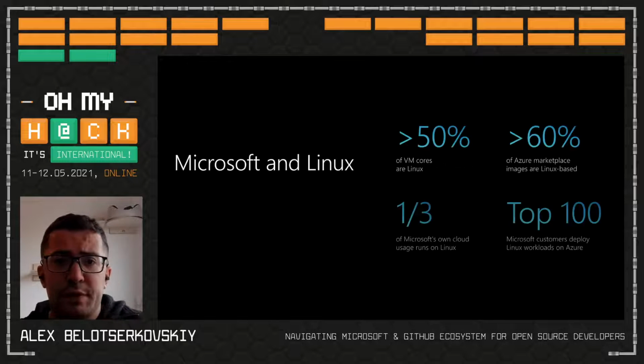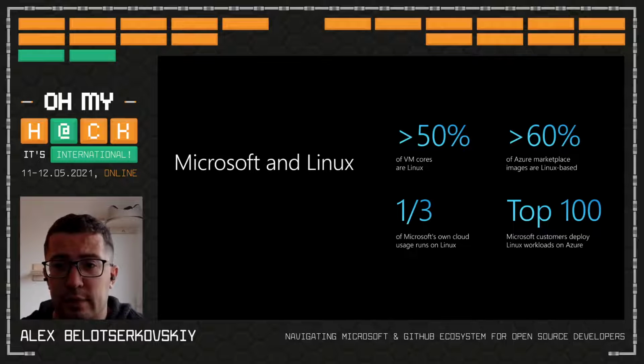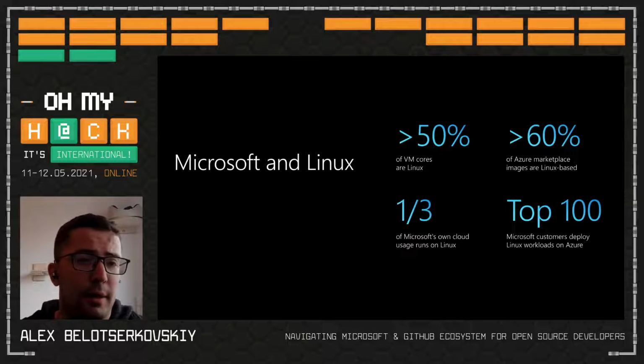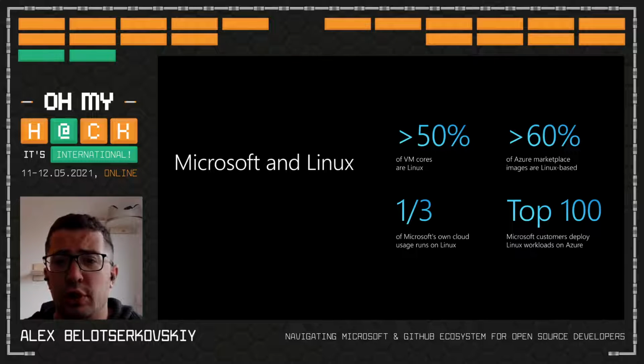So a few words about Microsoft and Linux. This slide is super important, but I would like to highlight only one thing here: one in three of Microsoft's own cloud usage runs on Linux. What it means is that a lot of Microsoft services, a lot of internal services that are not available to our customers, are run on Linux.